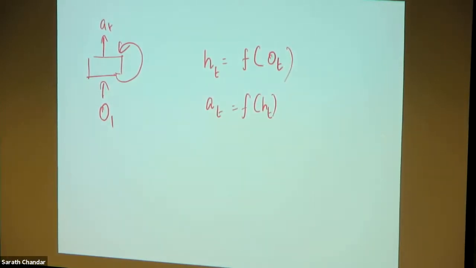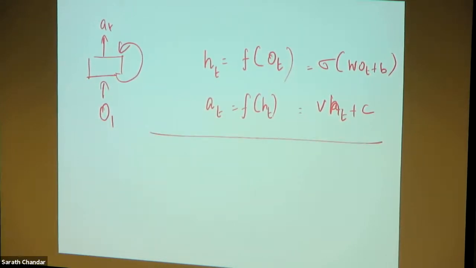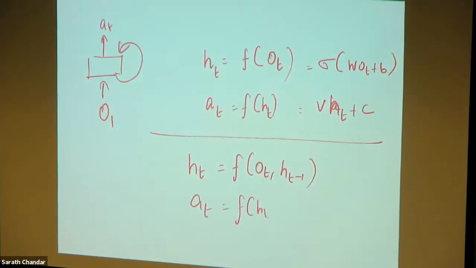This function could be something like sigma of W OT plus B, and the action function could be just V HT plus C. Now the idea of adding a recurrence here is to keep track of the previous history. I can do that by introducing an extra term. Instead of having HT, which is just a function of OT, I can have HT as a function of OT and HT minus 1, and then take an action based on HT.